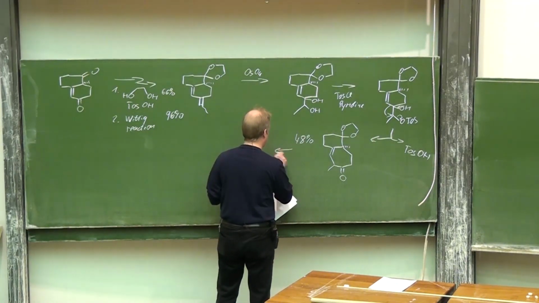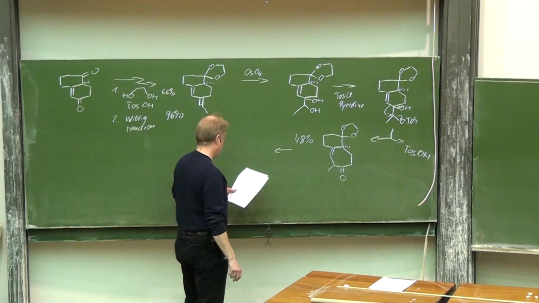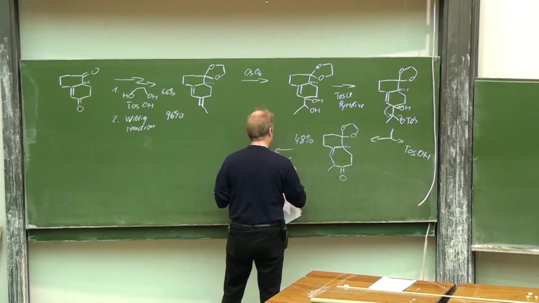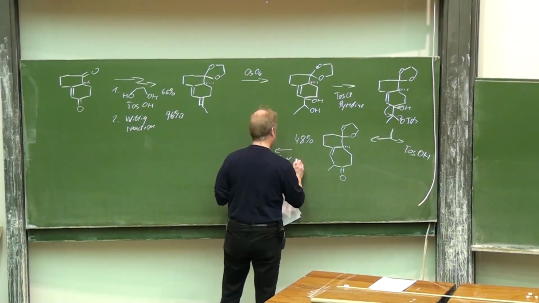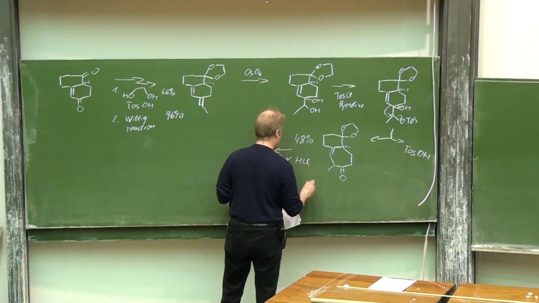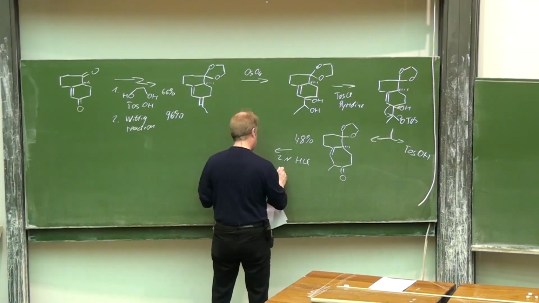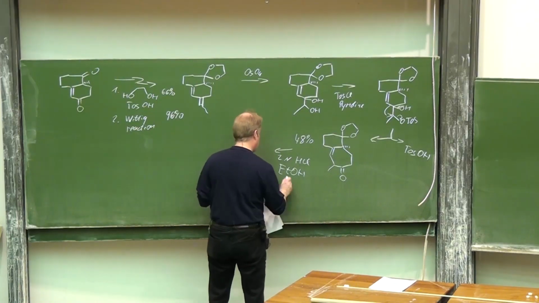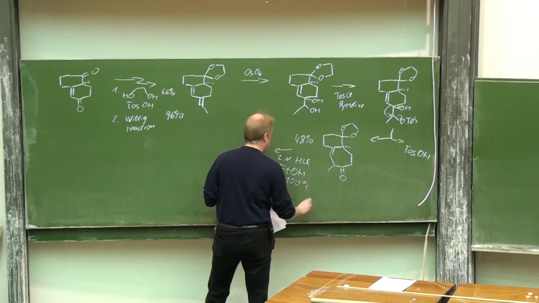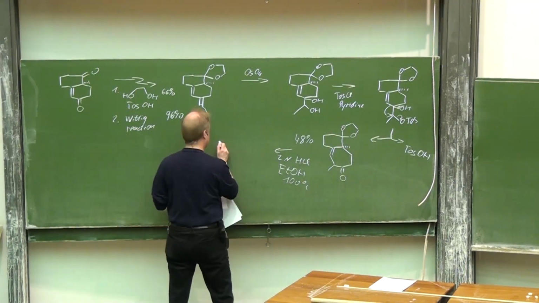Next step, well, with 2 molar HCl in ethanol at 100 degrees, this acetal is hydrolyzed.